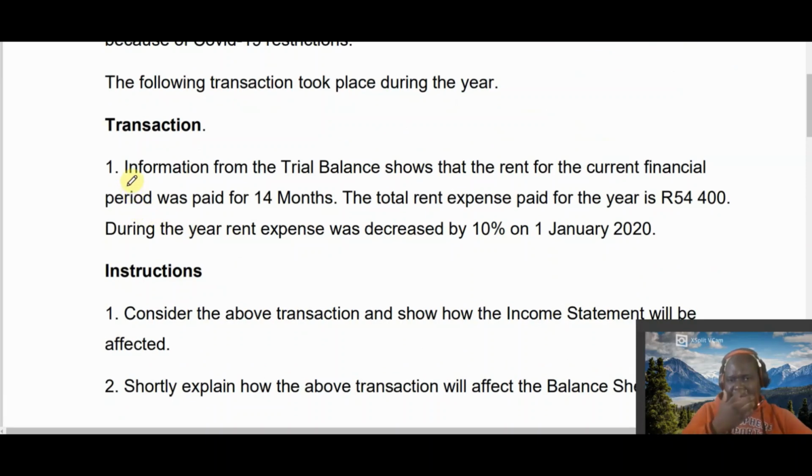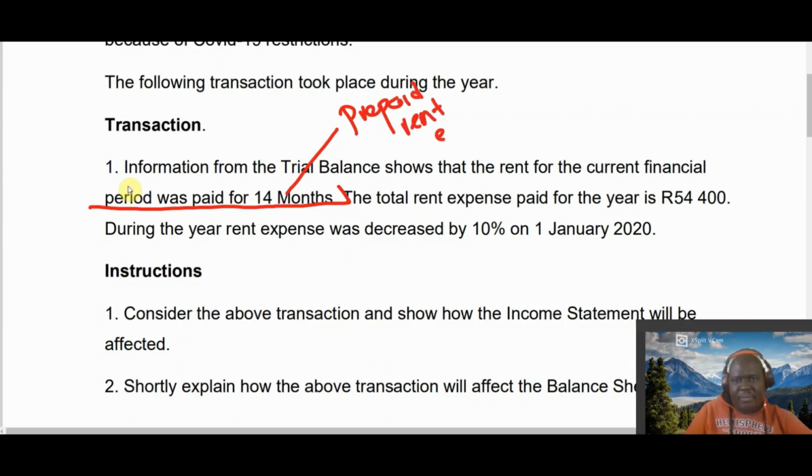And here we are told that information from the trial balance shows that the rent for the current financial year was paid for 14 months. So we can already see that we are dealing with a prepaid rent expense. You know that our financial period is supposed to be 12 months.